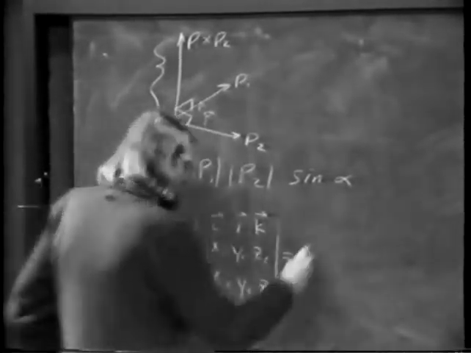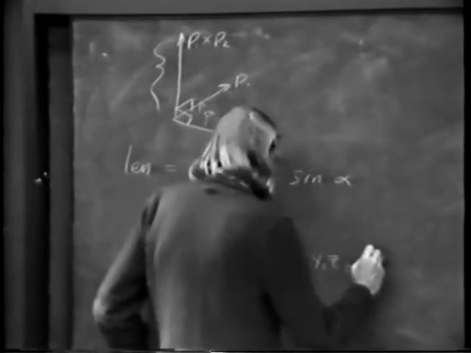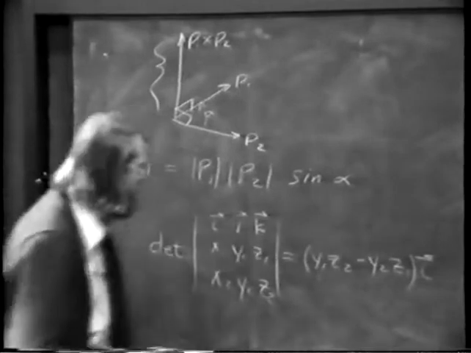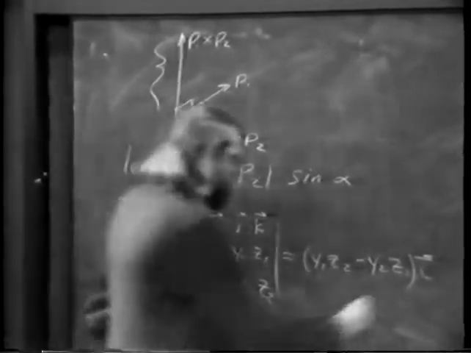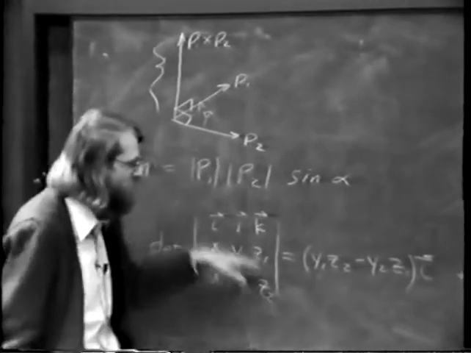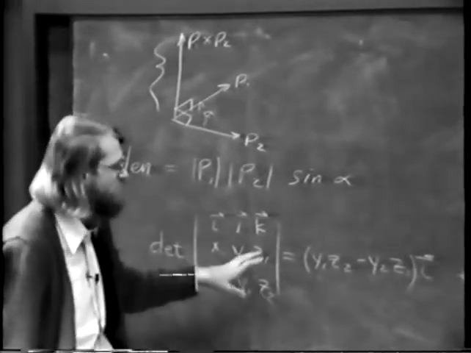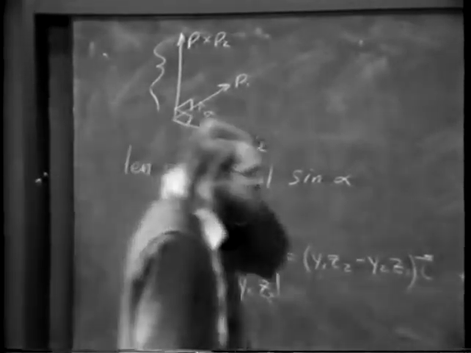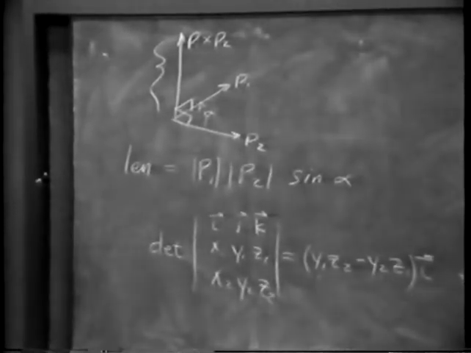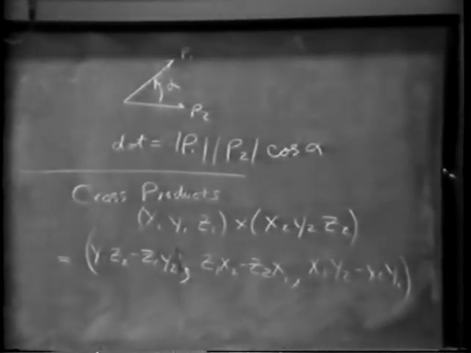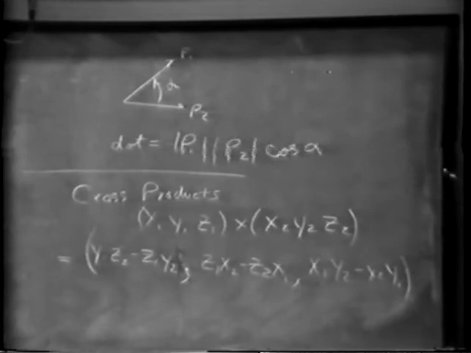It's y1 z2 minus y2 z1 times the unit vector I in the x direction, plus etc. So this is a way of making sure you get the sign to come out right, because it's easy to get the sign reversed. Dot product is commutative. Cross product is not. The cross product of P2 times P1 is minus the cross product of P1 times P2. So if you do them in the wrong order, you're going to get the sign flipped.